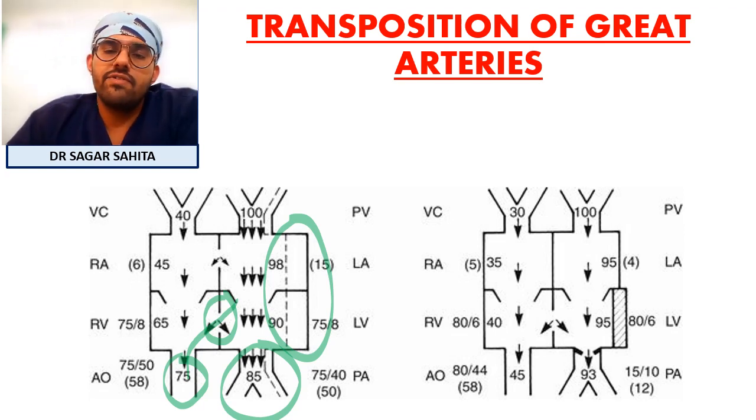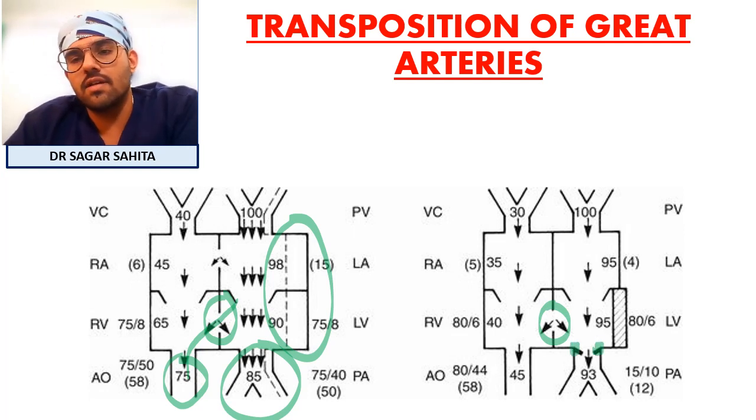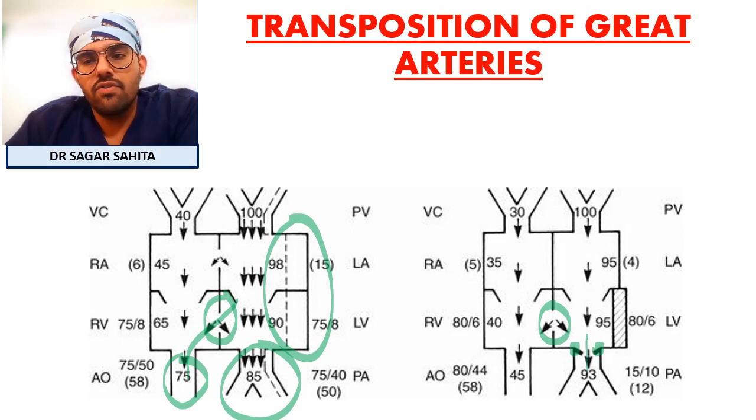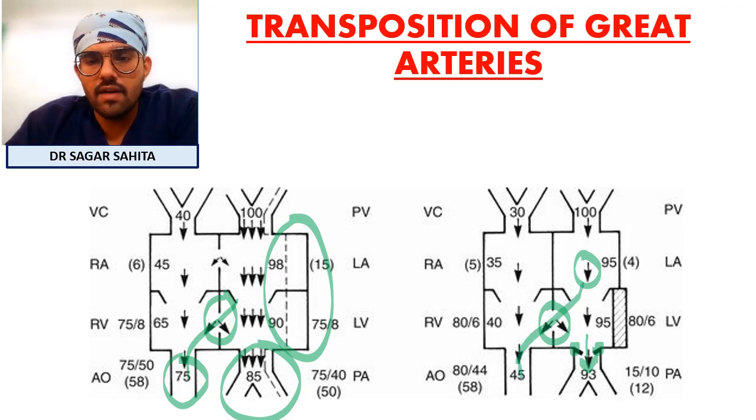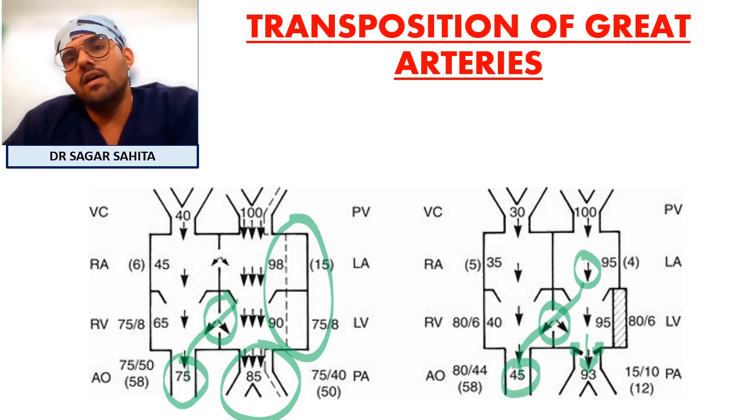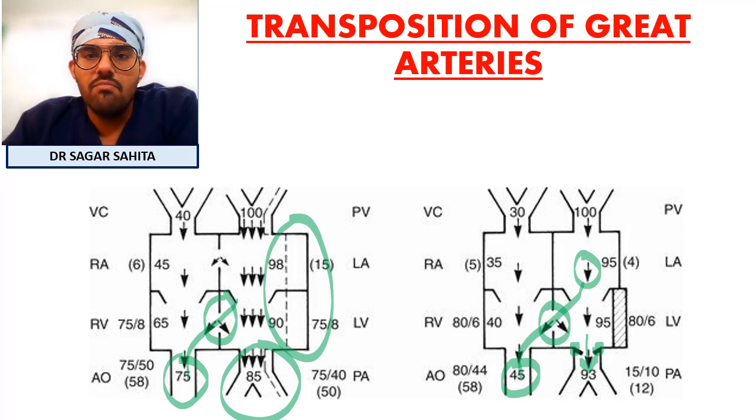On the other hand, if there is a VSD plus pulmonic stenosis or LVOTO, because it's a transposition, the amount of blood flow going to the lungs is less, the amount returning from the lungs is less, and this is inadequate to maintain a good systemic saturation. So this is typical tetralogy physiology which you are seeing in a case of transposition. We'll explain that later on. But transposition VSD PS patients will have extreme cyanosis.